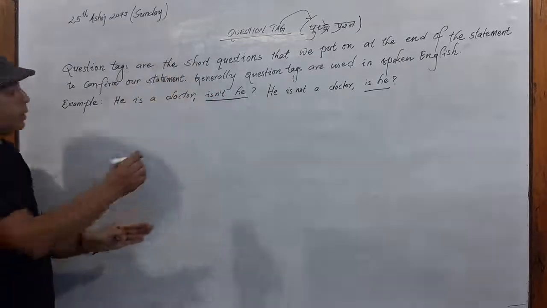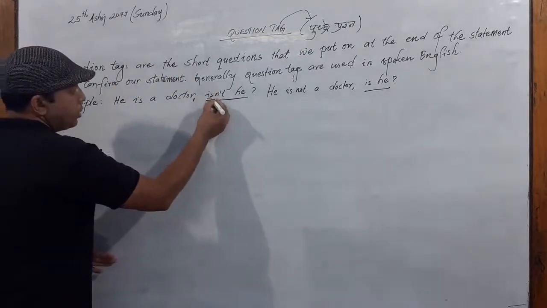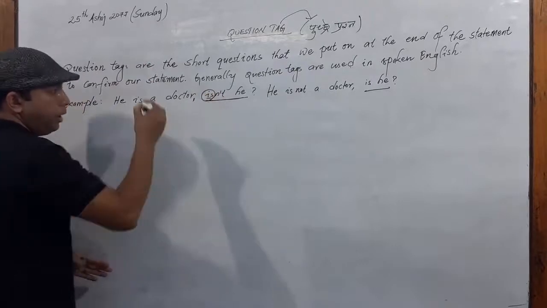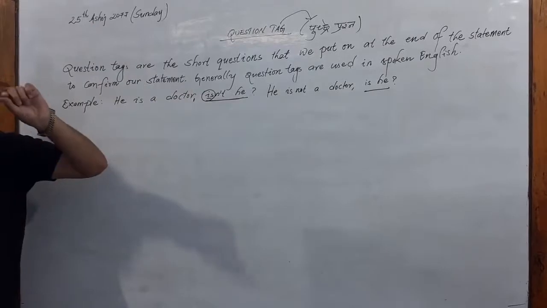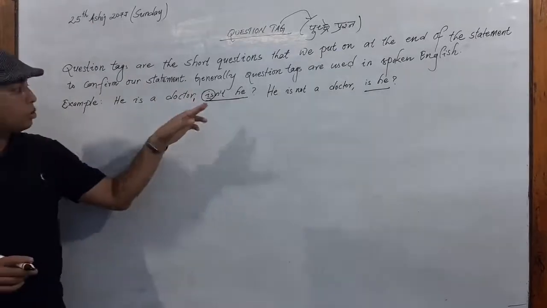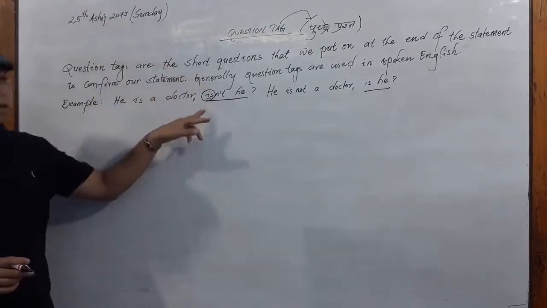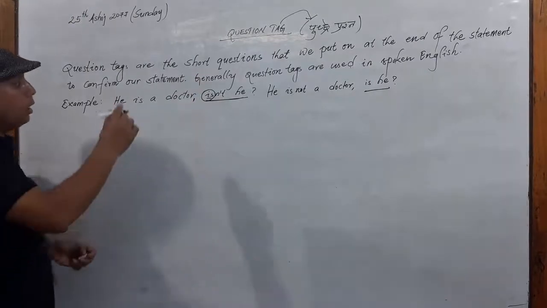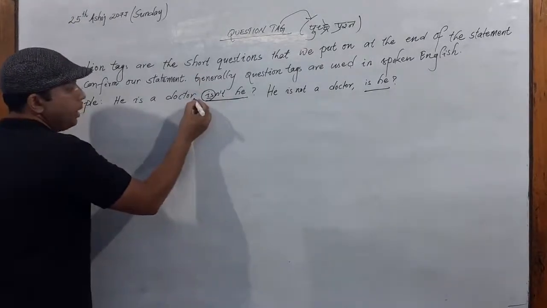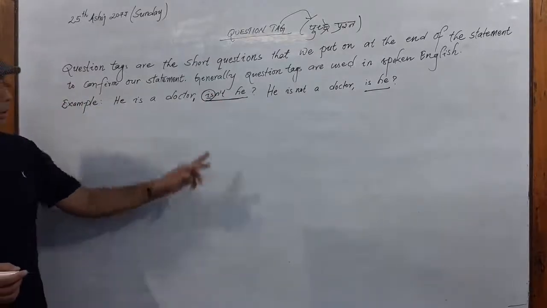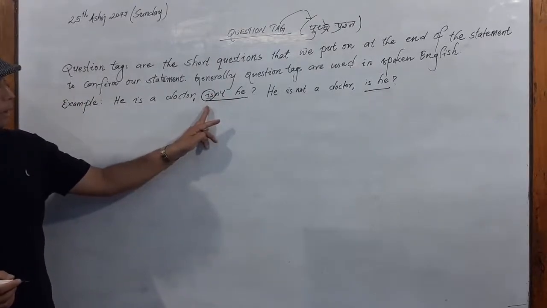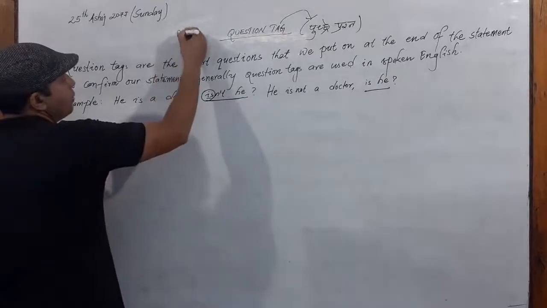And then look at here, this is auxiliary verb. So question tag always starts with auxiliary verb, and remember after comma there is no capital letter, small letter.